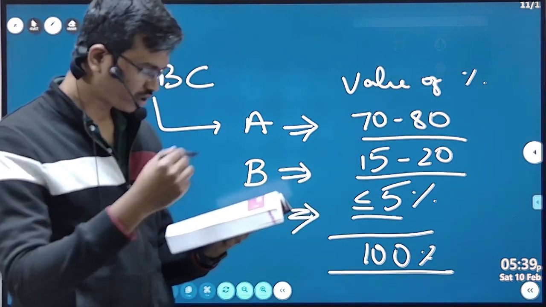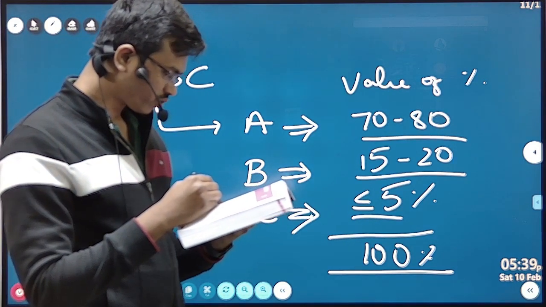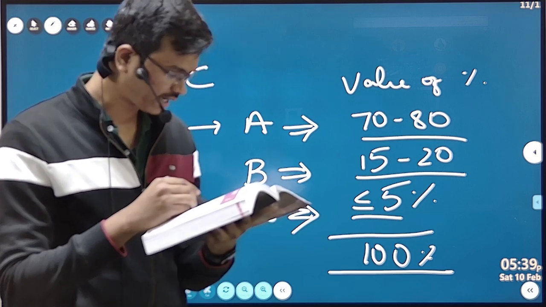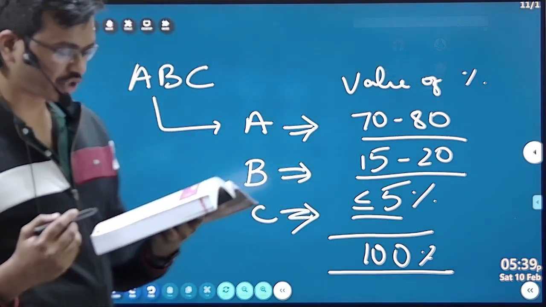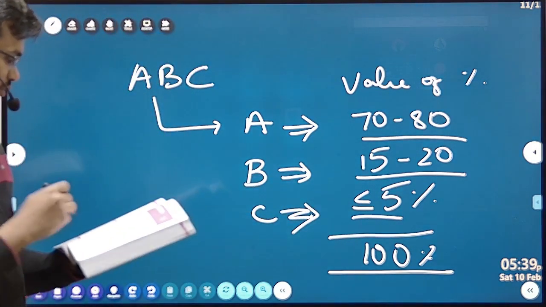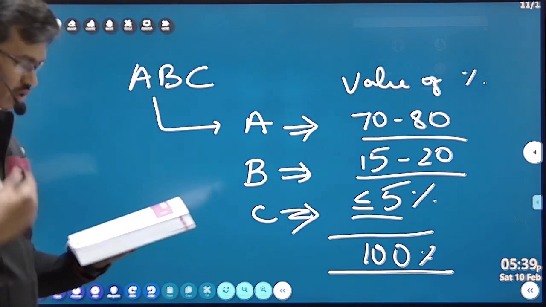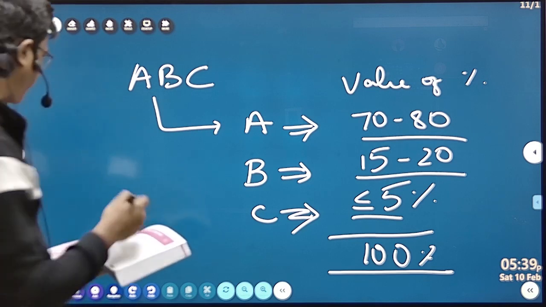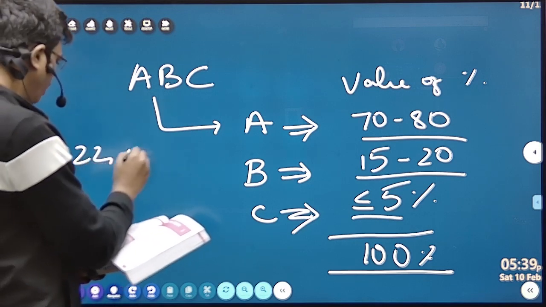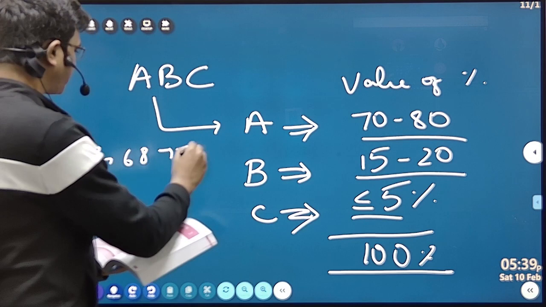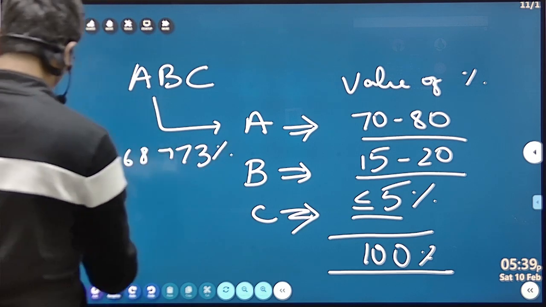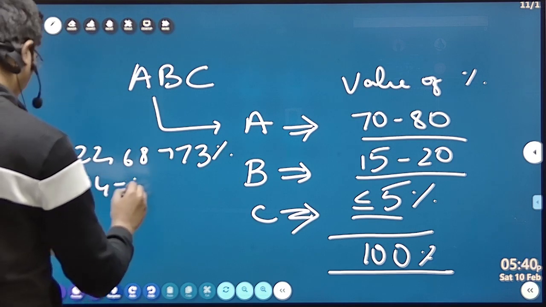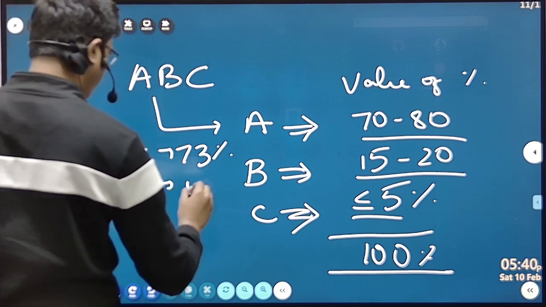Okay, then again going upwards, so you can sum up till 27. So 27, 03 and 82 will come to 22.7%. If you take one more item, say 68, that will again cross the limit. Okay, so you cannot take 68. So 22 and 68 together come to 73%, and 54 to 41, the last things come to 4.5%.